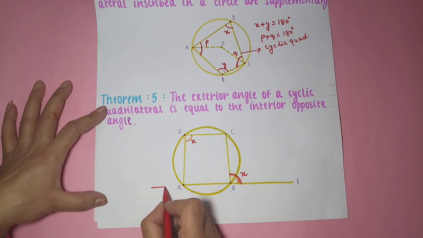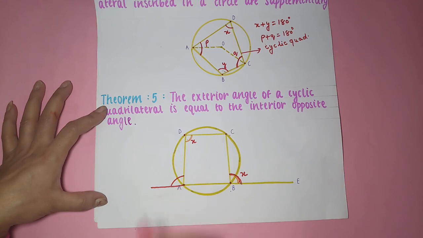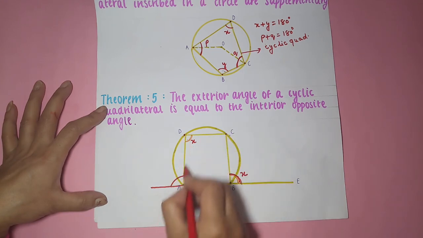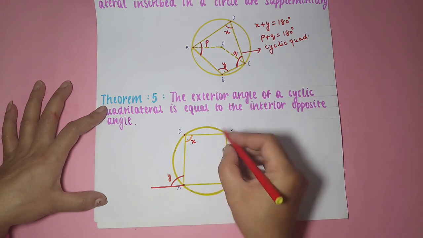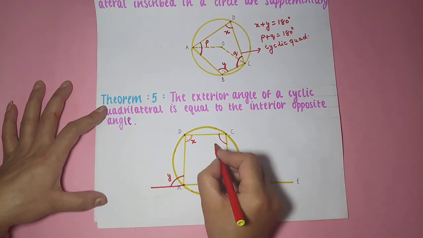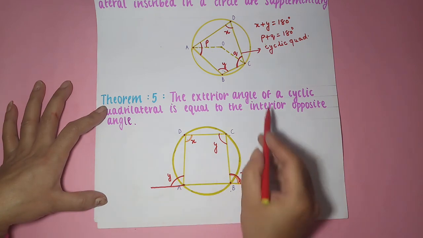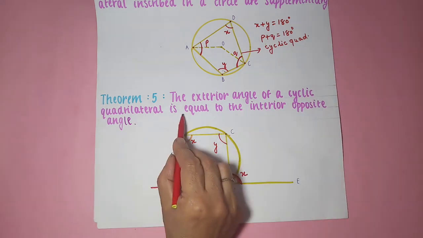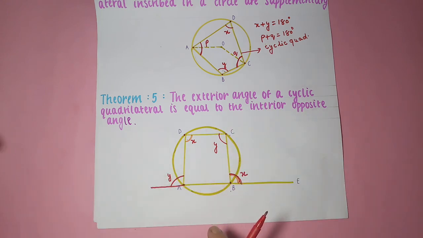So let's extend this line. Now this becomes the exterior angle also of this cyclic quadrilateral. So if this is y, this will be equal to its interior opposite angle. That means this. Right? So what is theorem 5 saying? The exterior angle of a cyclic quadrilateral is equal to its interior opposite angle.